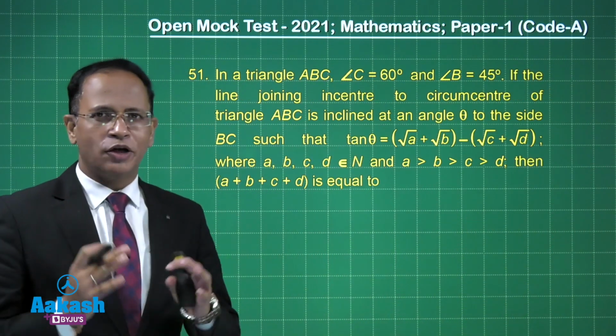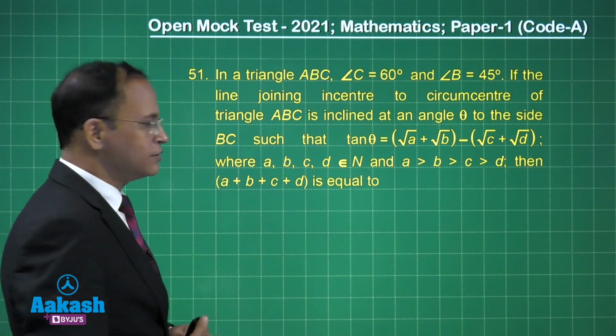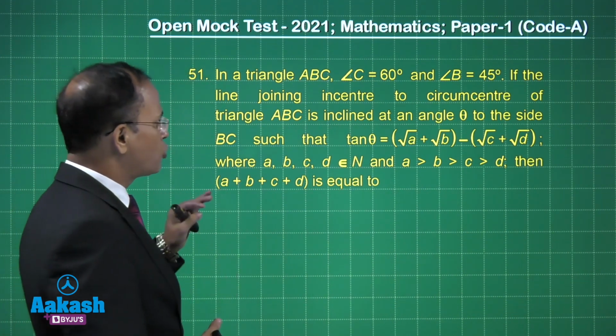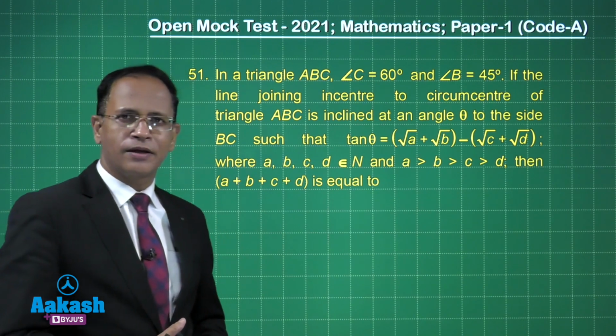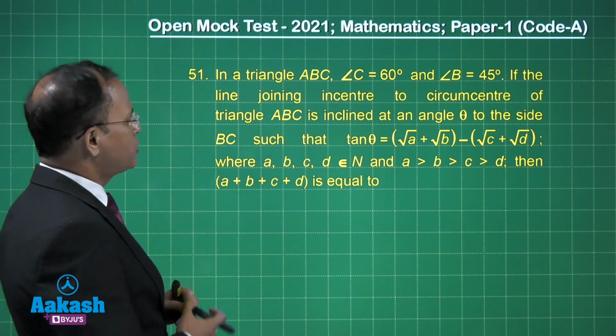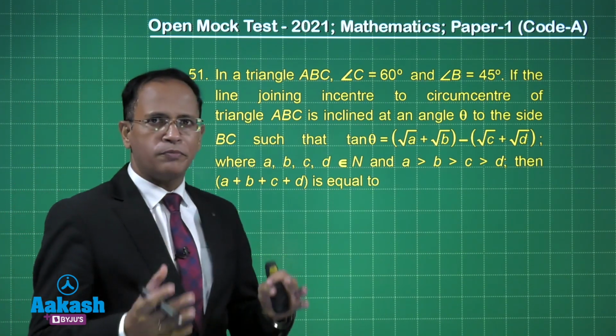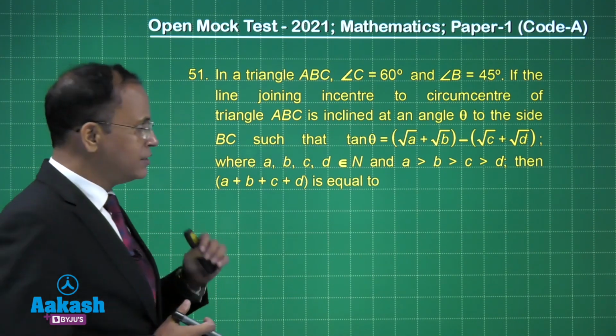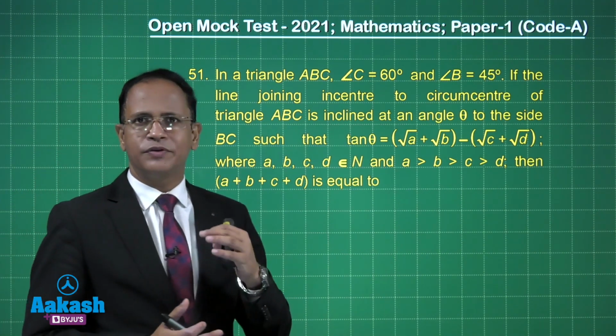Yes. Now, students, let us talk about the next question, that is question number 51. This is a problem based on the properties of triangle. When you talk about properties of triangle, there are a few concepts based on incircle and circumcircle.